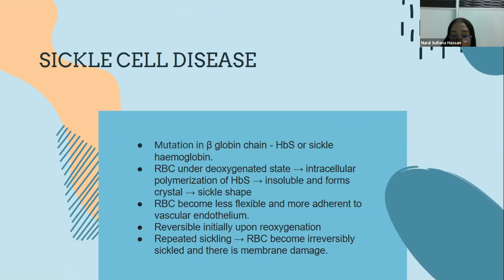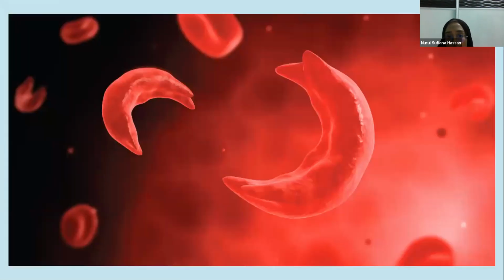The intracellular polymerization can be reversible upon reoxygenation at first, but with repeated cycling, the process will become irreversible and there will also be membrane damage. This is the picture of our sickle red blood cell.